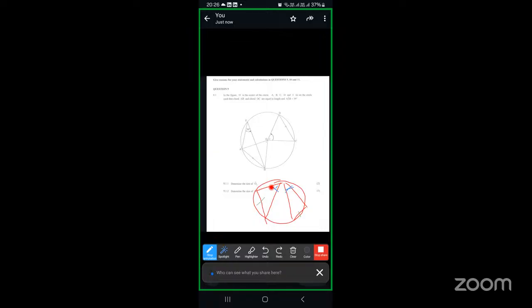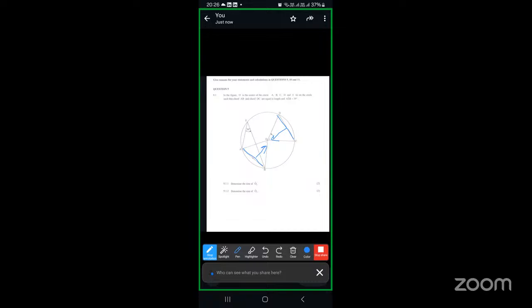Yes, sir. So it's the same thing. It's just that in this case our angles are at the center, but still we've got those equal chords. And then we go directly to the angles that are opposite the chords that we are talking about, angle O1 and angle O2.